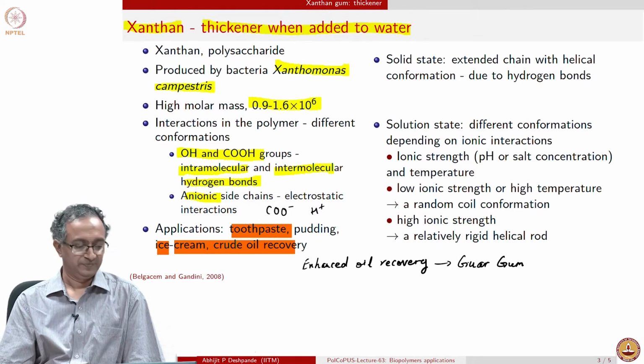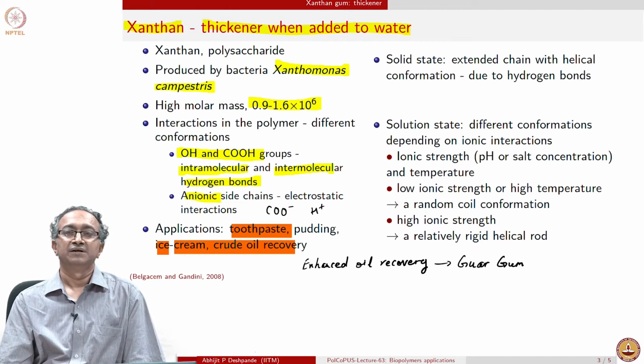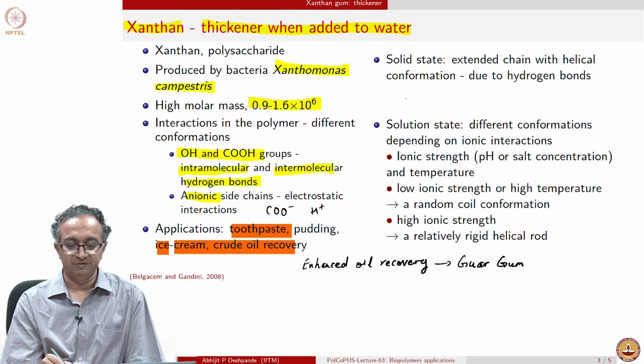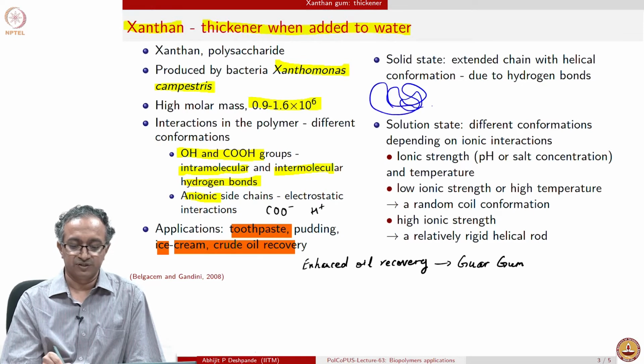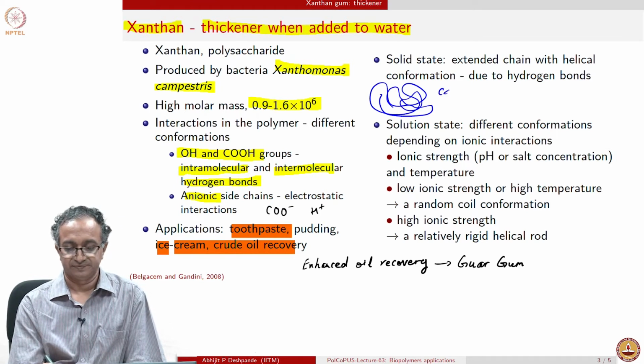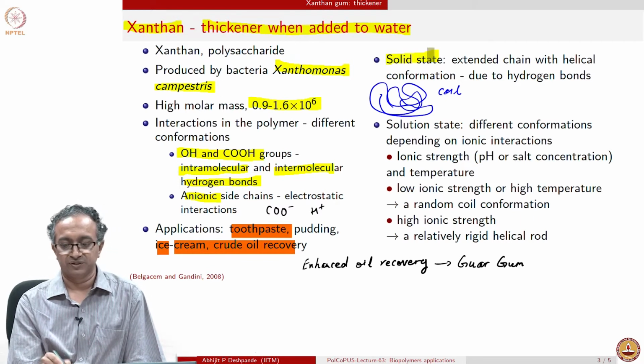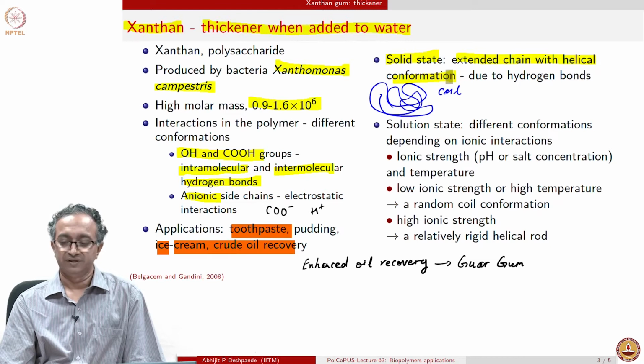different parts of India. Now, going further, xanthan gum, depending on which state it is in, can have a different molecular structure. Generally, as we have seen, we have been drawing a macromolecule like this. In a solution state, quite often it will be what is called a coil state. But for xanthan gum in solid state, what we have is an extended chain with a helical conformation because of hydrogen bonds.